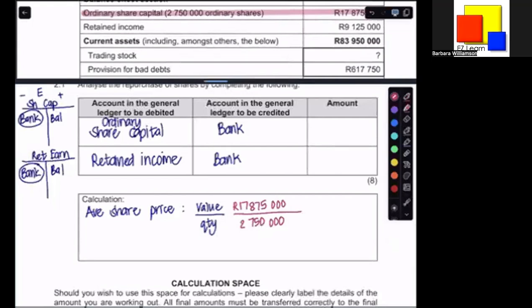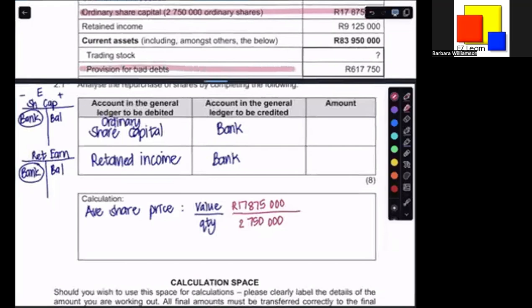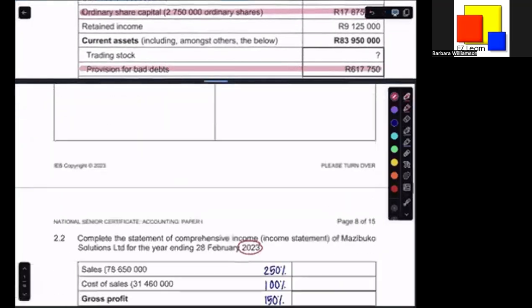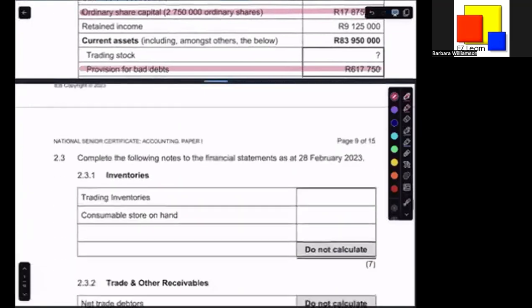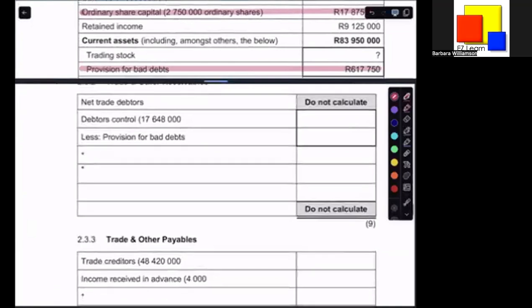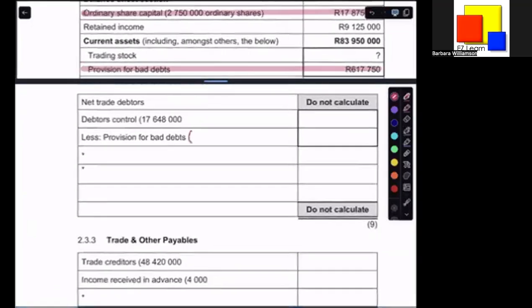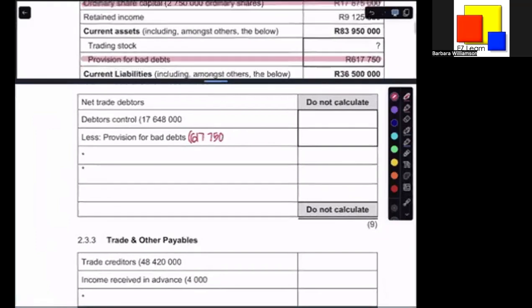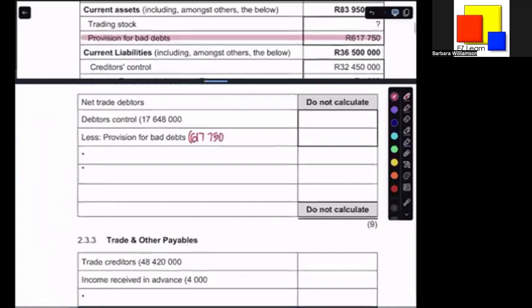The provision for bad debts is another beginning of the year figure that I need to use, because remember that when we calculate our provision for bad debts at the end of the year, we need to do a comparison to the beginning of the year, and then the adjustment will go in the statement of income. So that 617750 is going to go into working brackets so that I know how to adjust it later. Current liabilities includes creditors control.